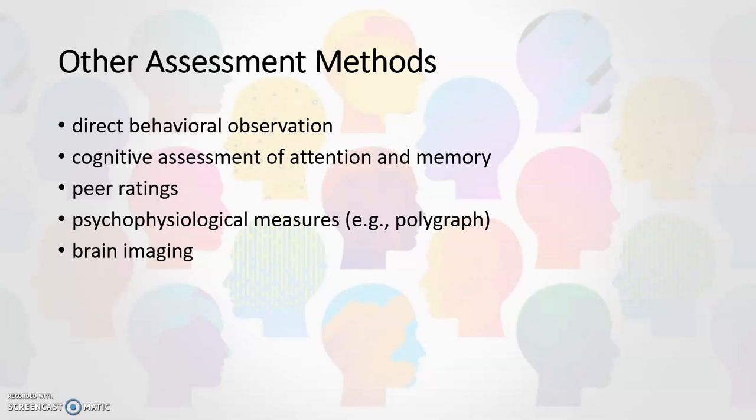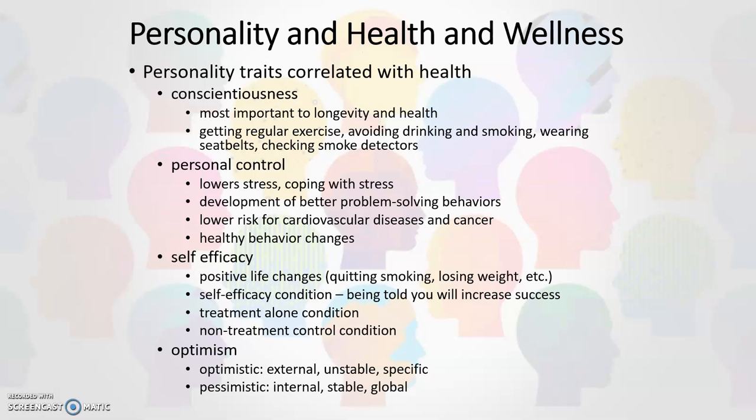There can be other assessments like just observing behavior, having peers rate you, polygraphs, brain imaging, and then personal health and wellness. Conscientiousness is most important to longevity and health.